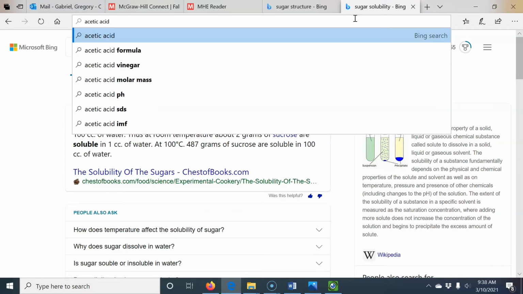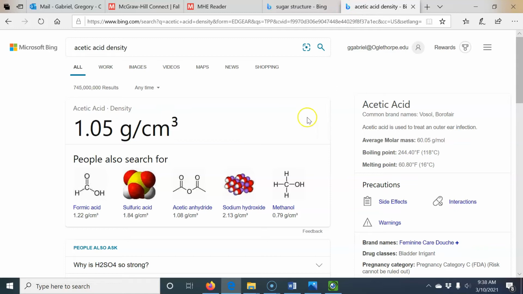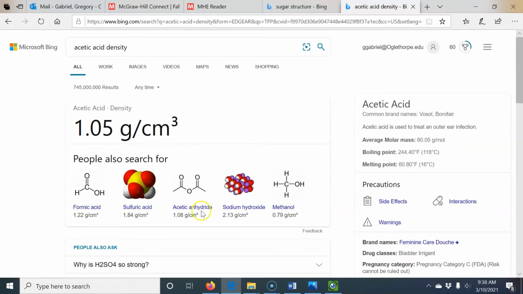Let's do density first. Do you have any other information? Okay, we got molar mass. So acetic acid, the density equals... Do I need density? We'll see. Centimeter cubed is the same as milliliters. So 1.05 grams per milliliter.